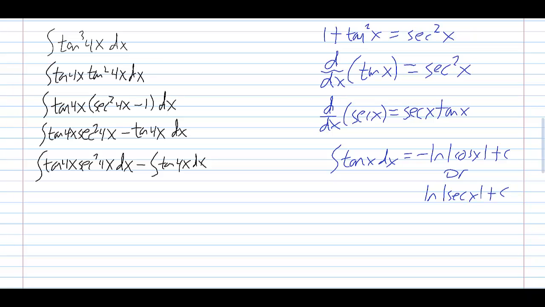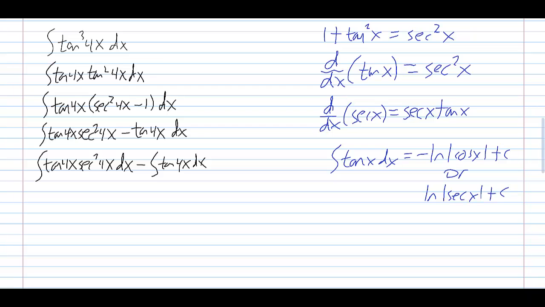All right. That makes the second integral a pretty easy integral to do because we're going to be able to knock that out in one step. It's going to be negative 1/4 natural log absolute value cosine 4x, all thanks to just knowing the antiderivative of tangent x.